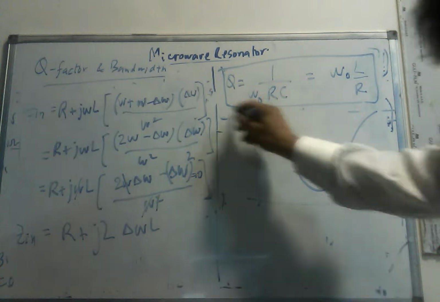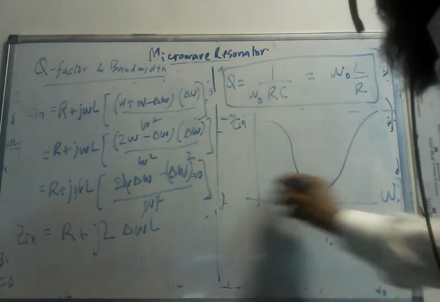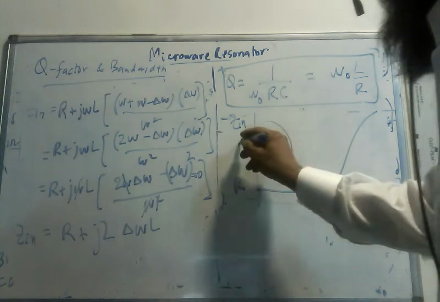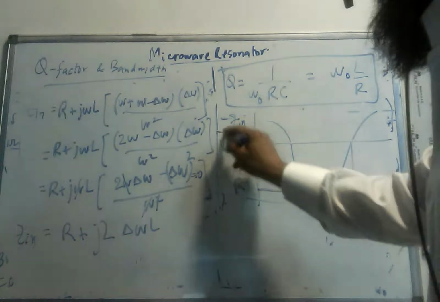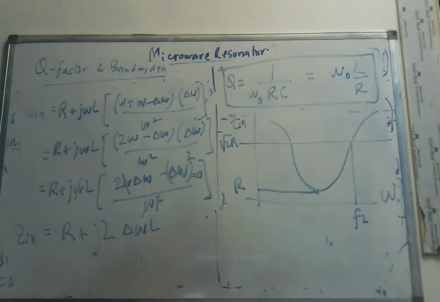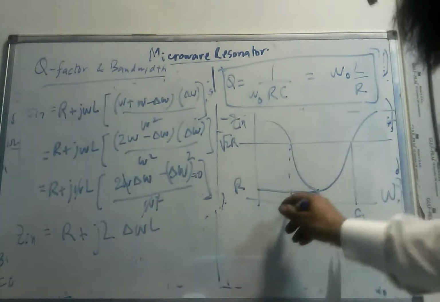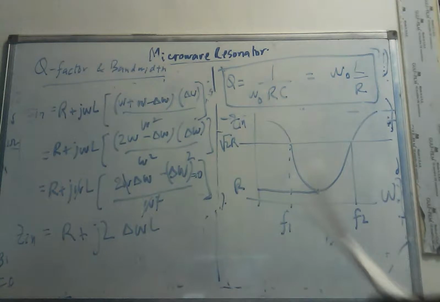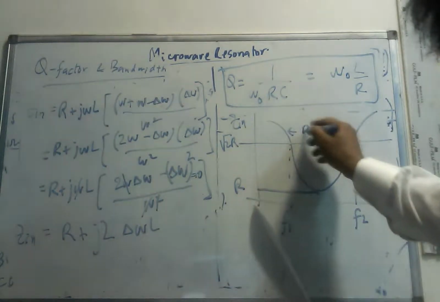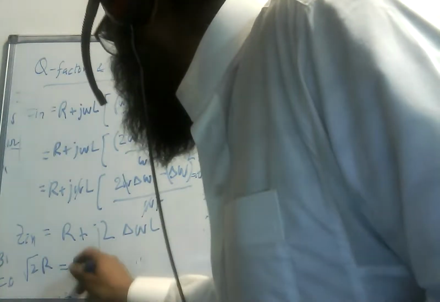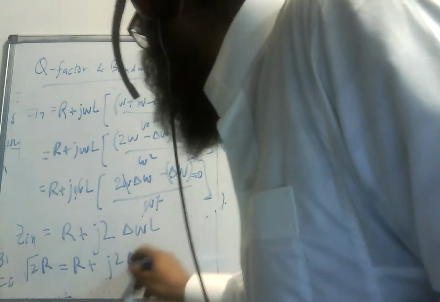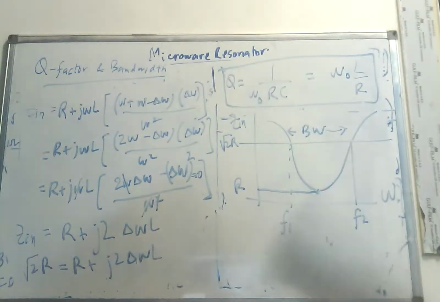This is omega, this is z input, and this point is R. Now I need to find this point f2, for which the impedance is square root 2 R, and this is also f1, which is square root 2 R. So my bandwidth is this. So what I do, I put square root 2 R equal to R plus j 2 delta omega L, and I square it.